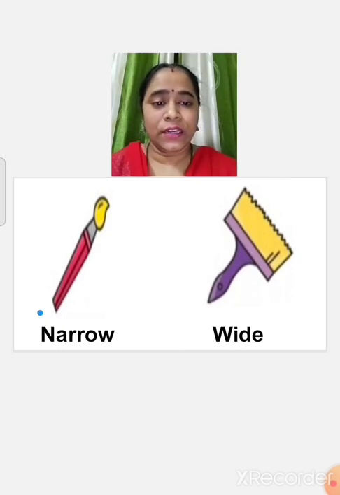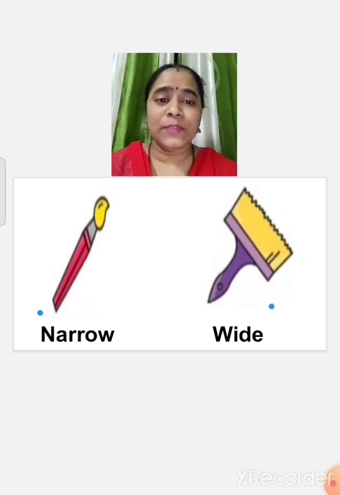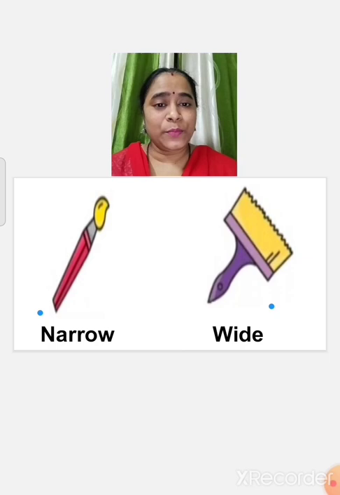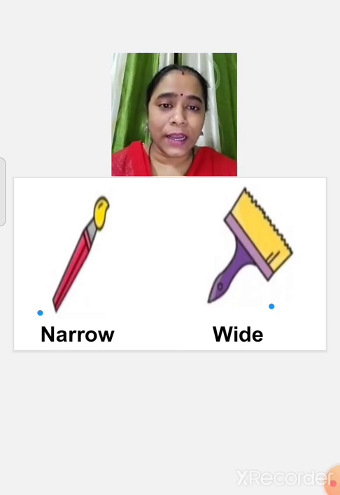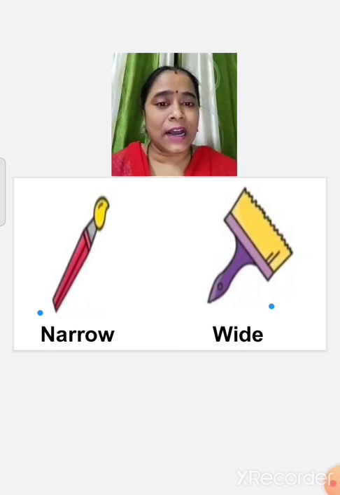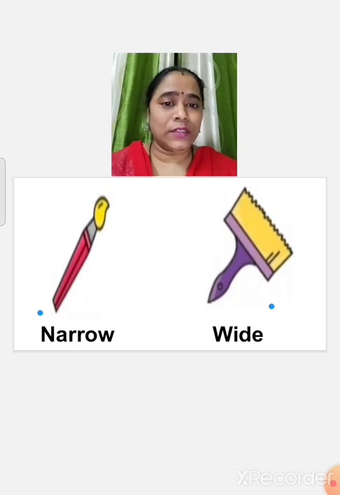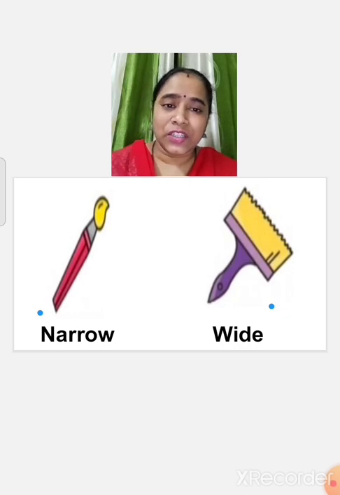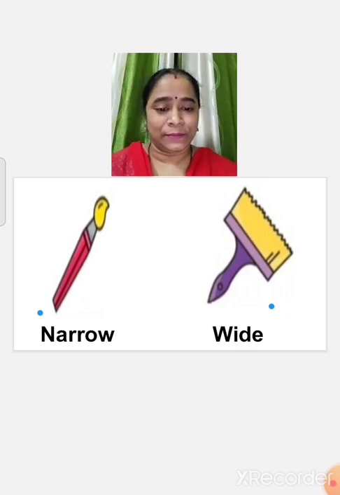Now children, next. This brush is wide. The sides are not closer to each other. Okay, it is broad. So this brush is wide.